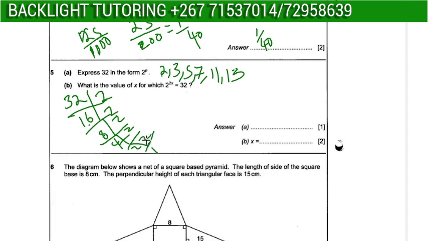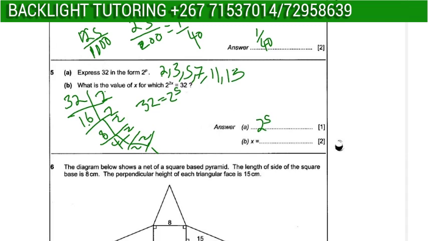You're going to count this 1, 2, 3, 4, 5, right? So 32 equals 2 to the power 5, right? So you write here 2 to the power 5.